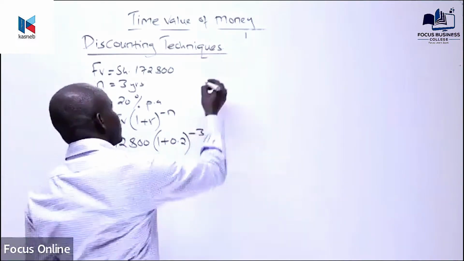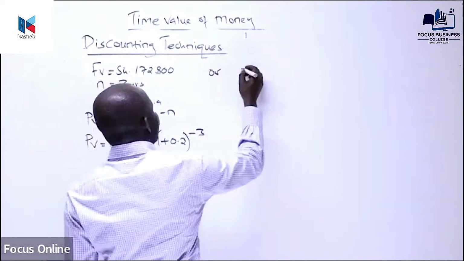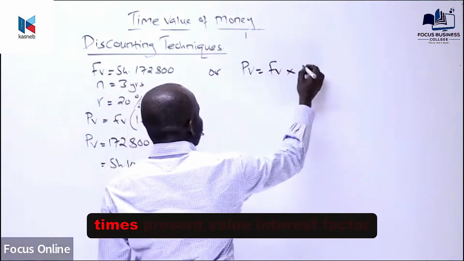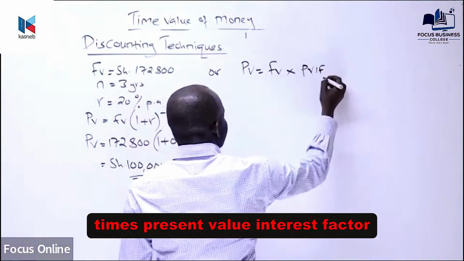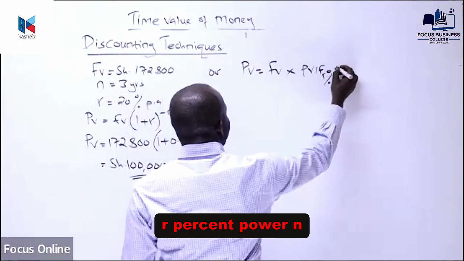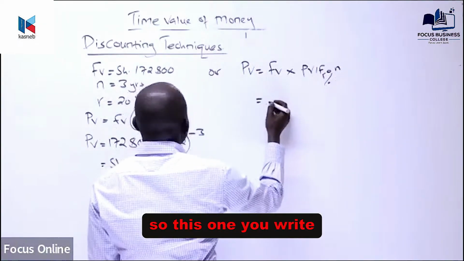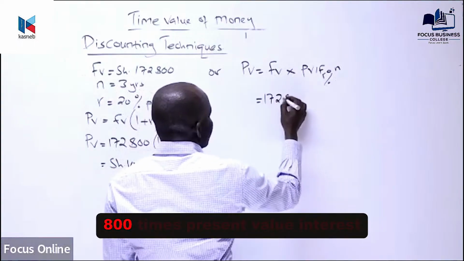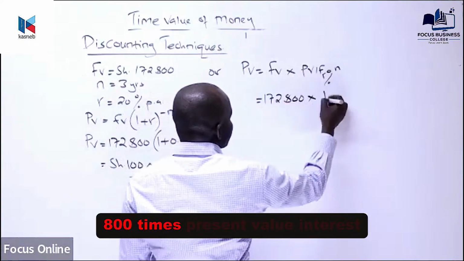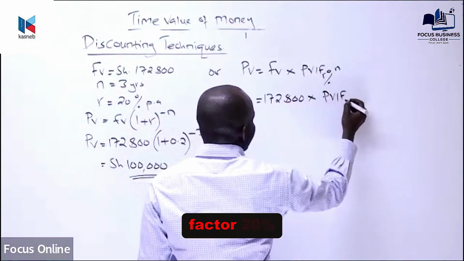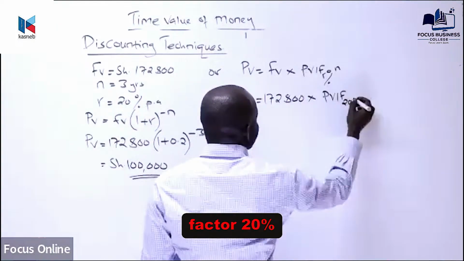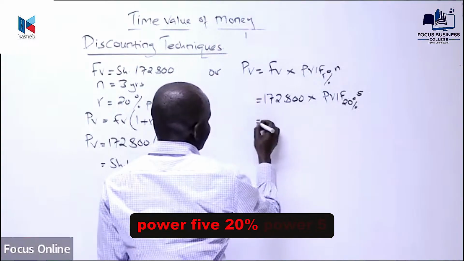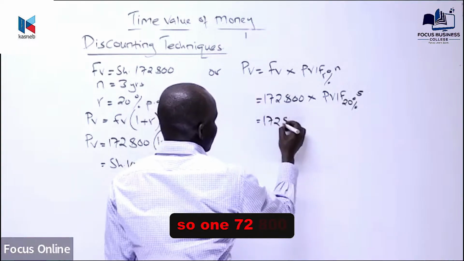Or present value is equal to future value times present value interest factor R% power n. So this one you write 172,800 times present value interest factor 20% power 3.